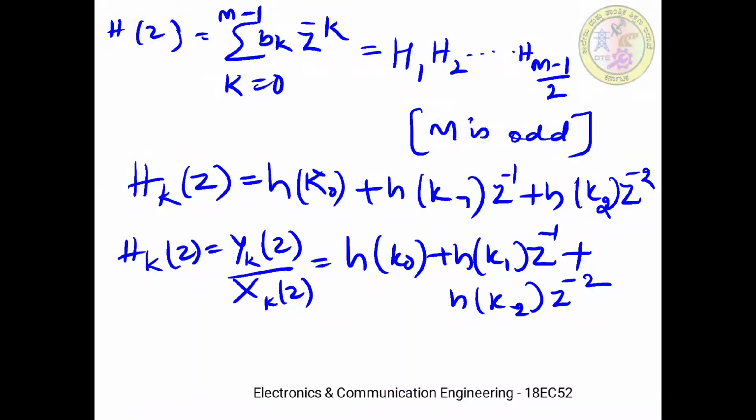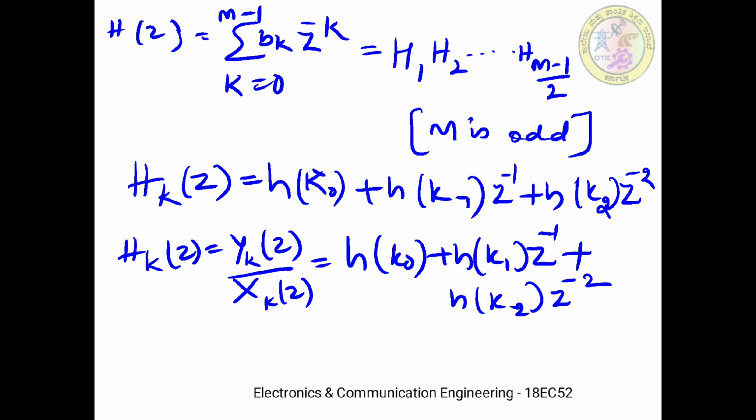Why is it only z to the power of minus 2? It is because H1, H2, H3 are the factored forms and they are all second order factors, so the maximum power of z can be 2.